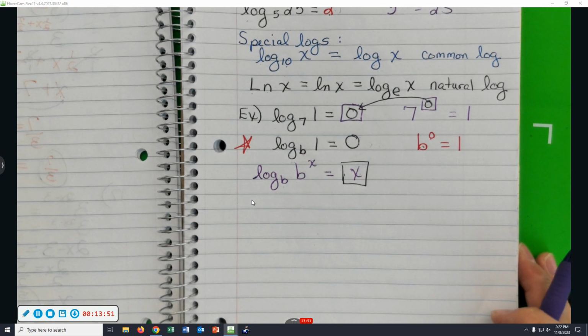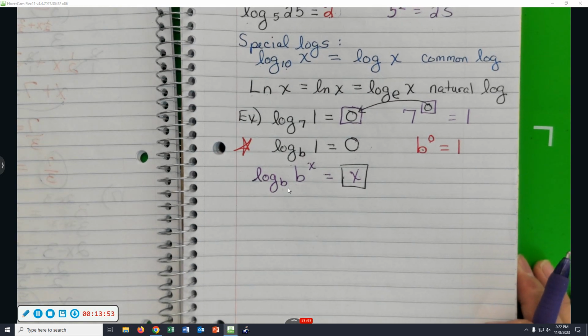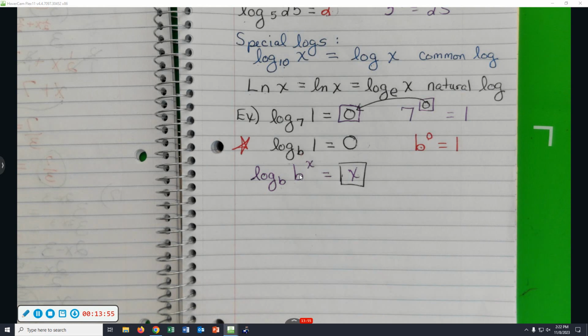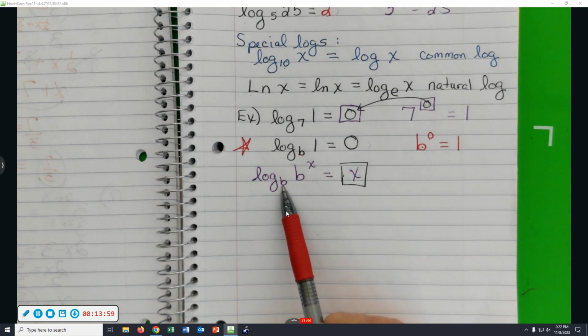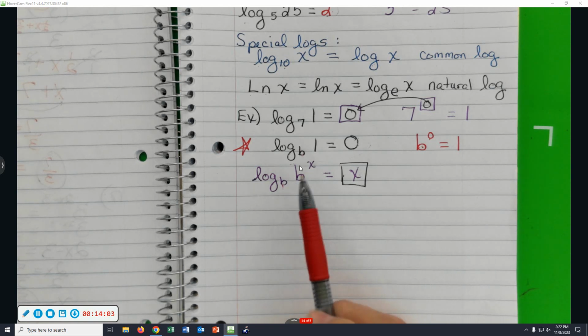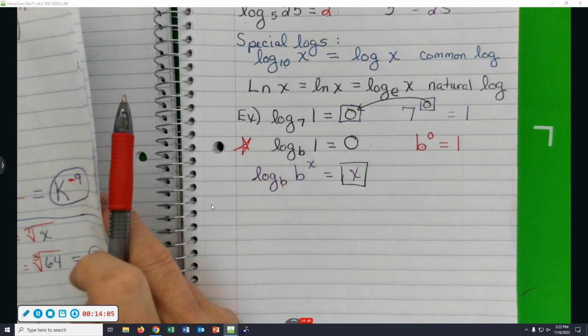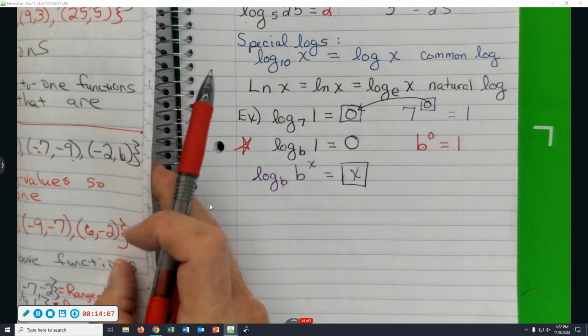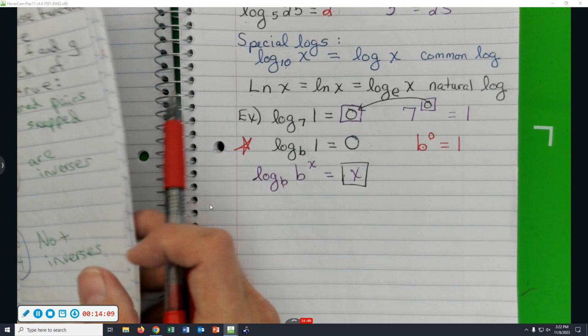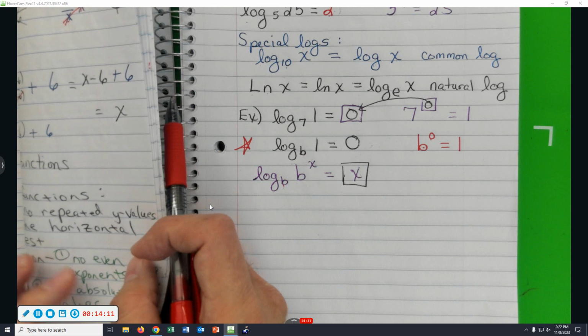This goes back to something from last week with inverse functions. We performed the exponential function and the logarithmic function consecutively, and what did they do? Canceled out. That sounds like inverse functions to me. If you perform the two functions consecutively, they cancel each other out.